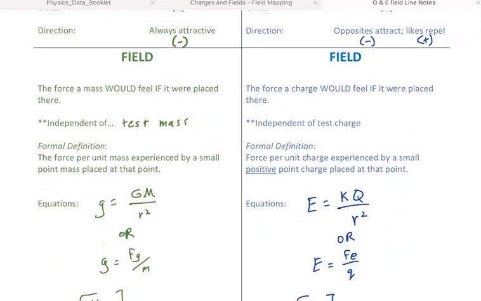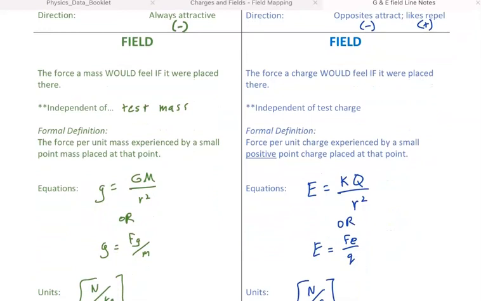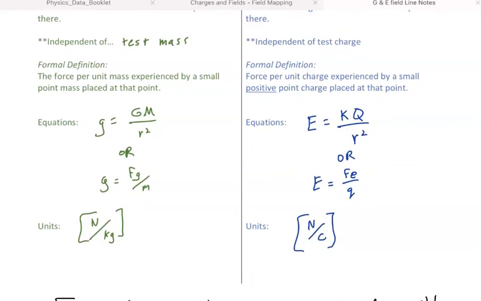When we look at fields, the field is the force a mass or charge would feel at a given point. So it's not dependent on the mass or charge that is placed there, which we call a test mass. It's dependent on just the position in a field, some distance away from some other mass, as shown by these equations: g equals GM over r squared, or E equals kq over r squared, because it's dependent on that mass or charge, and of course the distance.